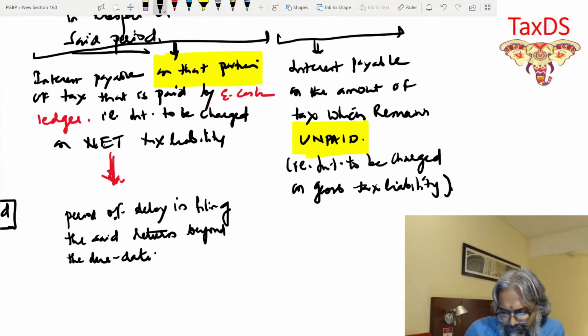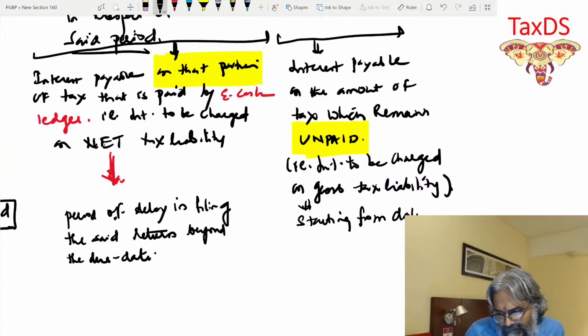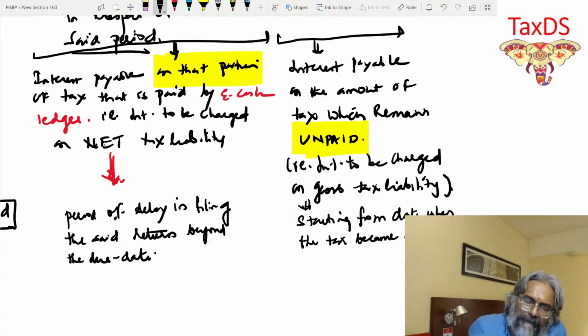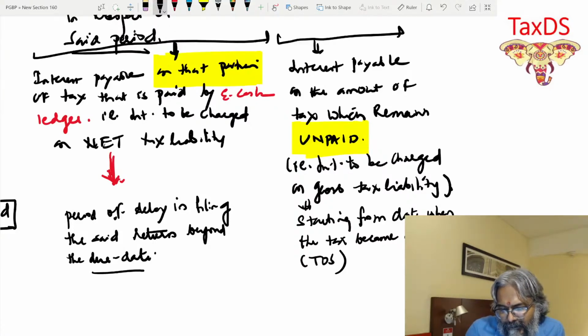Now, this is interesting over here. In all the other situations, starting from the date when the tax became due. How do we identify when the tax became due? In this case, through time of supply, the chapter that we have done. So here it is about the period of delay in filing the return beyond the due date of filing of the return.